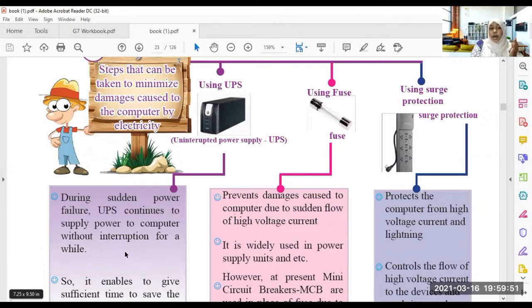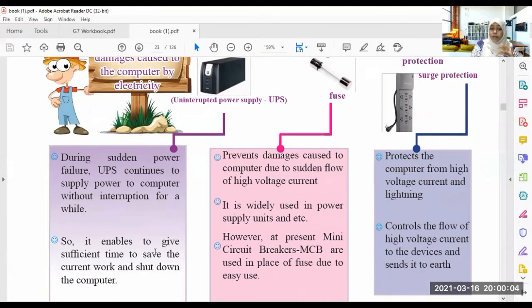It gives you some time until you save all the documents you have been working on. So it gives sufficient time to save the current work, close all the programs, and shut down your computer in the proper way. For that we are using the UPS.